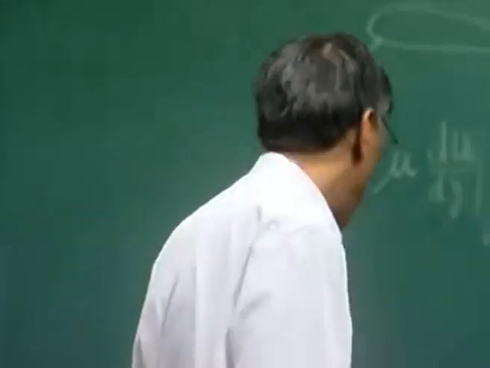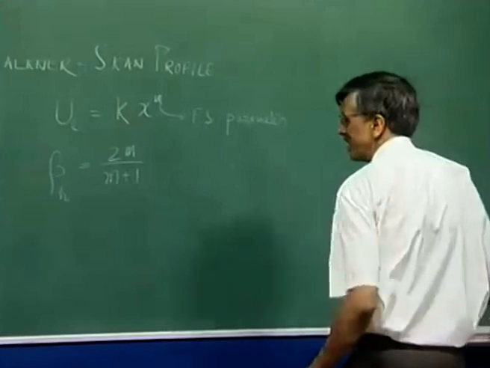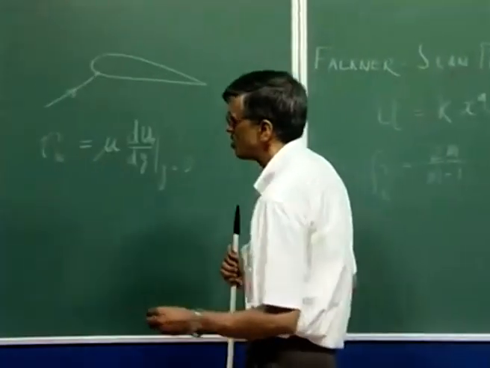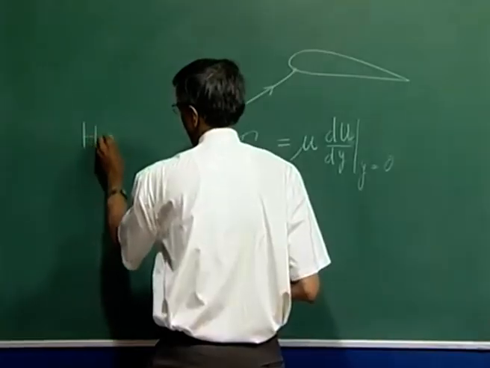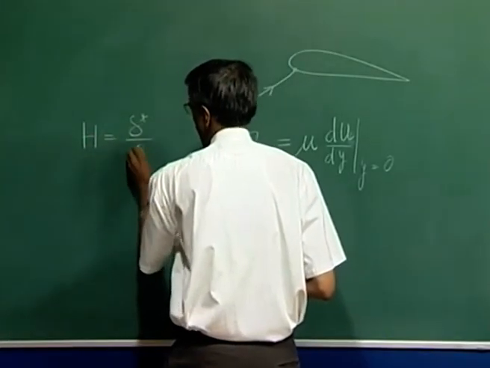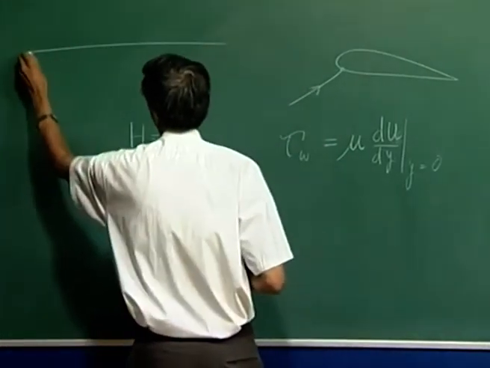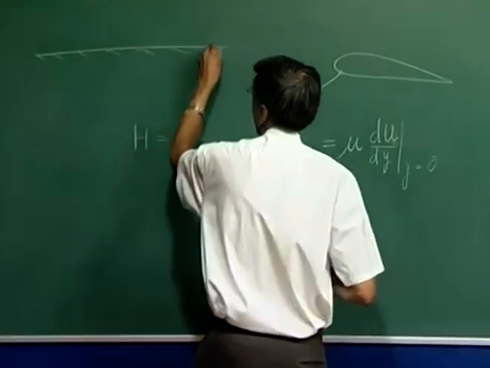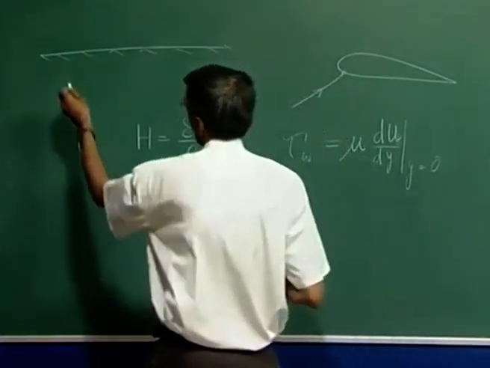So, if I now look at the expression for H, it is delta star over theta. Now, if I take a flow over, let us say, a flat surface like this, then what do I see in an experiment?